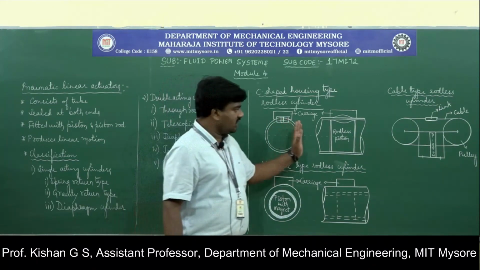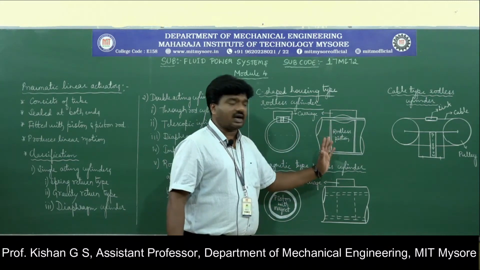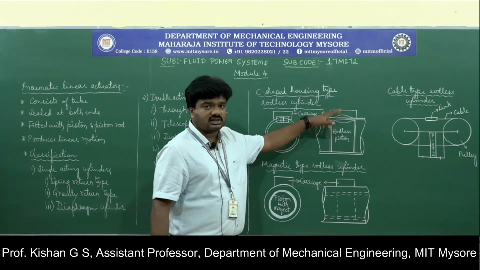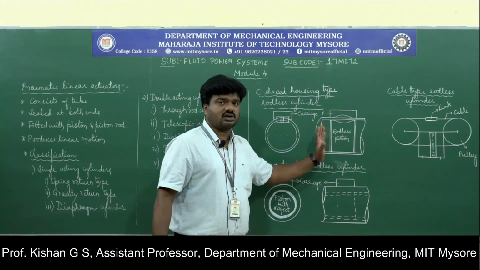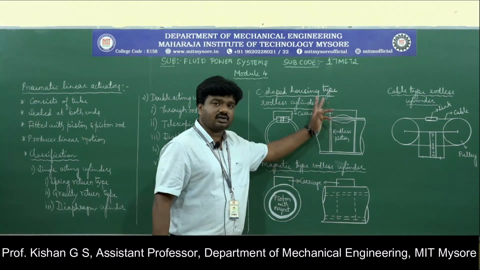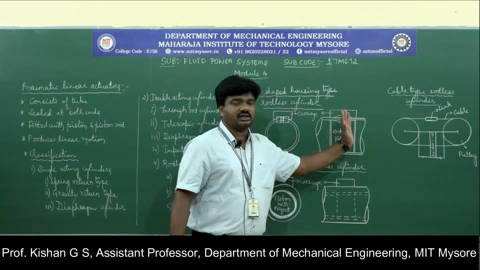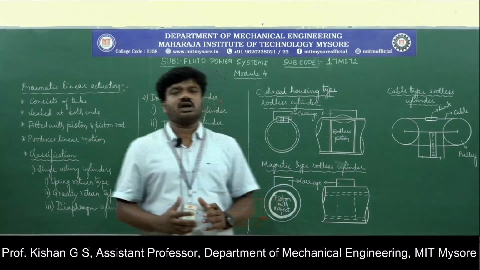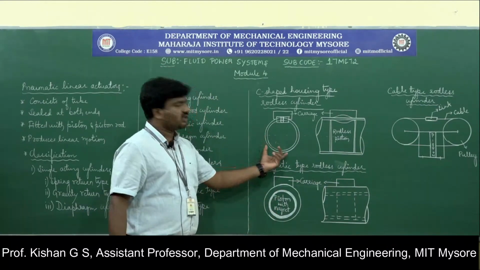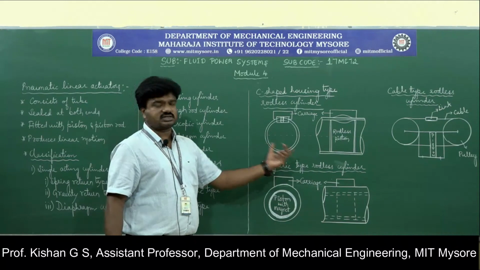When there is a linear movement of the piston from left to right, the external load attached to the carriage moves too, since the piston is a rodless piston. The linear movement of the piston leads to the carriage in contact with the piston also moving along the linear direction, getting the external work done. So this is about the C-shaped housing type of rodless cylinder or rodless double acting cylinder.